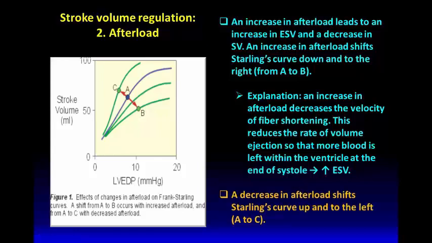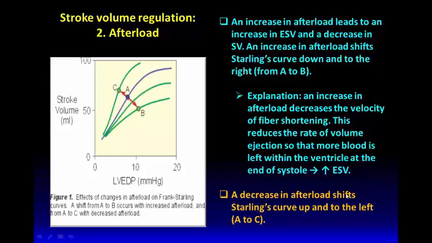So from this curve, when the afterload increases and the curve is shifted down and to the right, at the same preload, the left ventricle with increased afterloads would eject smaller stroke volume than when the left ventricle has a normal afterload.